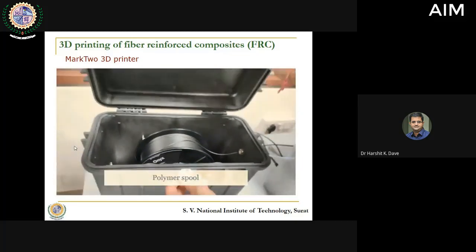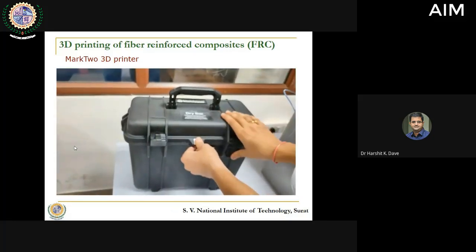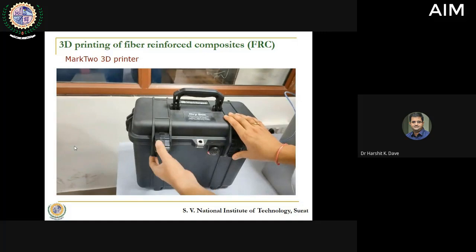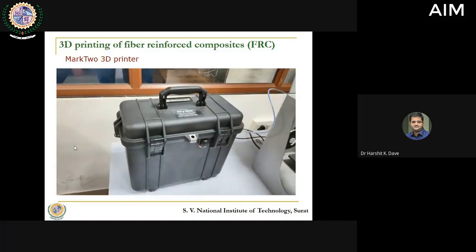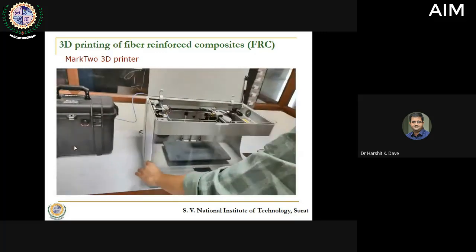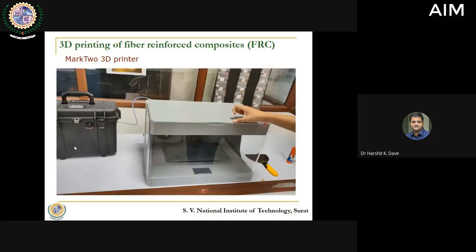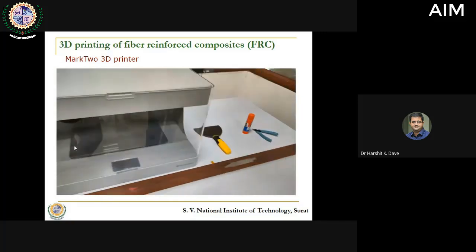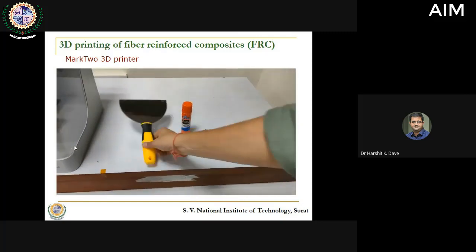So sufficient care has to be taken to preserve this polymer filament. As such, half a kg of this polymer costs somewhere around 10,000 rupees, and 300 grams of the fiber costs around 15,000 rupees. So in a way, this is a very costly process as far as the raw material is concerned.